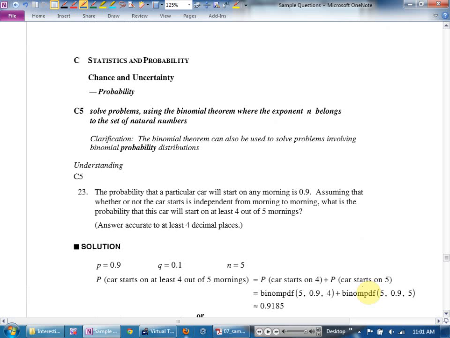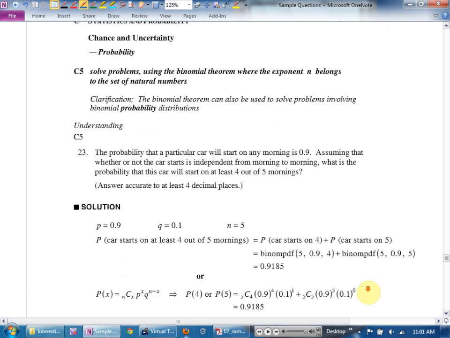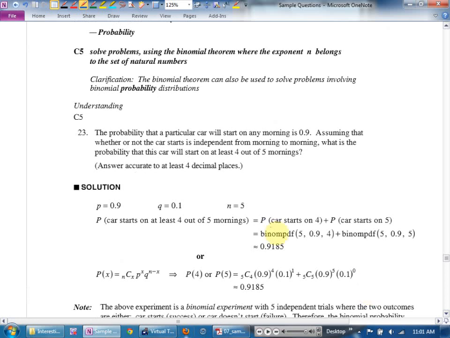Remember your binomial PDF. How do you know when to do a binomial? First of all, the number of trials is more than 2. More than 2, it's either a bucket or a binomial. How do I know which is which?